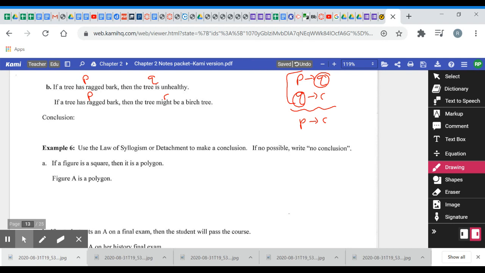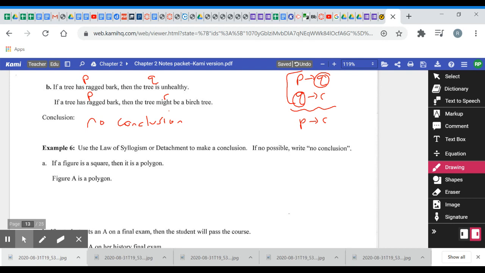And that's not how it is set up here. I've got the first part of each sentence saying the same thing. So I can't just stick the other two together and make a valid conclusion. So I'm just going to write no conclusion. If I tried to make a conclusion out of that information, it's just not going to make sense. If the tree is unhealthy, then the tree might be a birch tree? Not necessarily. That doesn't make sense for it to definitely be a birch tree.